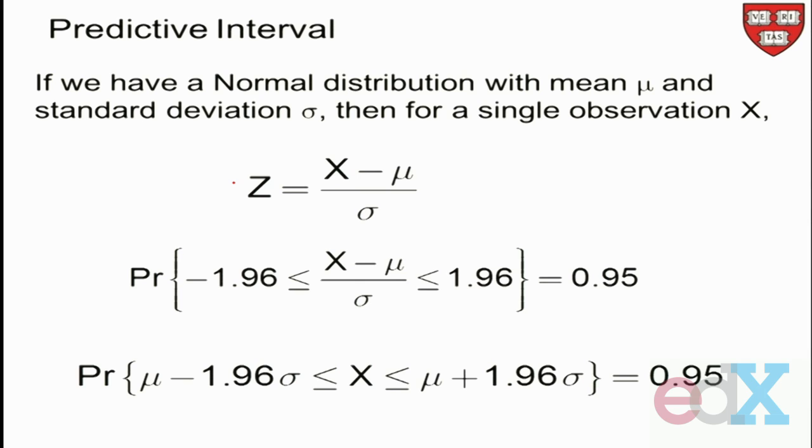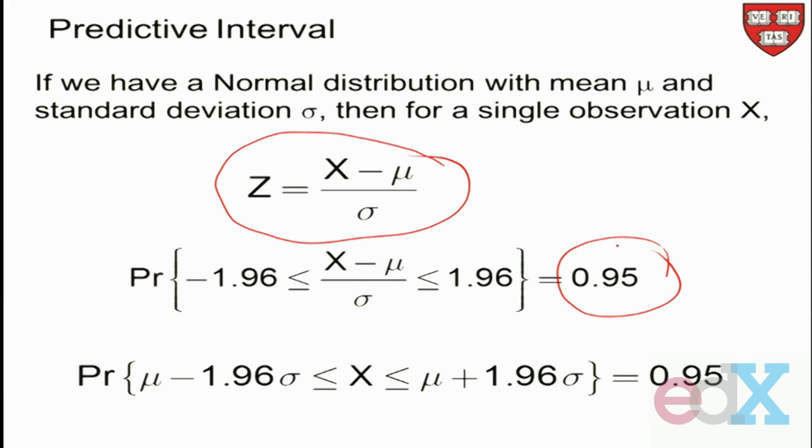Now, the predictive interval was the one where we said, all right, if we've got a standard normal variable, there's our friend z, so we've got the variable x, subtract the mean mu, divide by the standard deviation sigma, then we know that 95% of the time that we observe such a variable, it's going to have a value between minus 1.96 and 1.96.